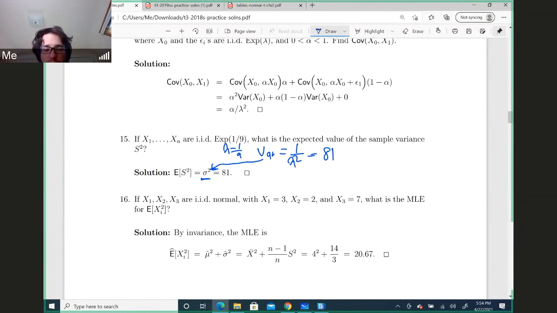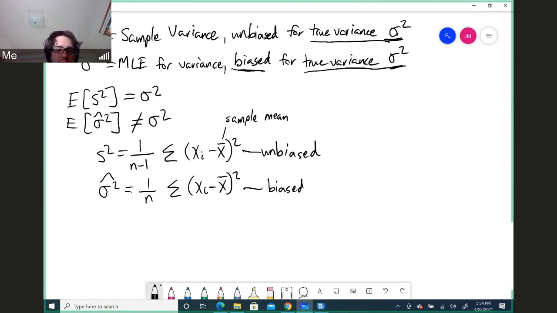You will most likely end up having to calculate s squared sometime on the test in one way, shape, or form.